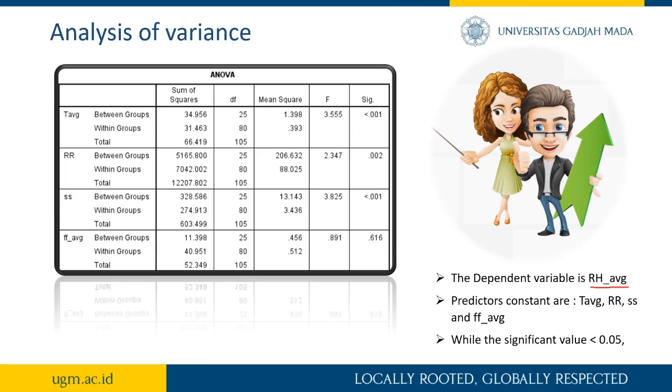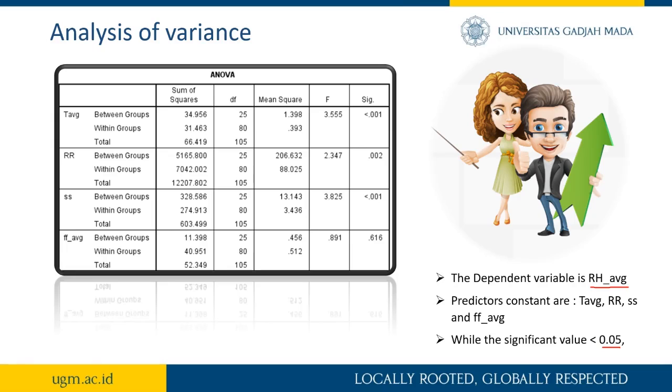So for the ANOVA system, we use a significance value of 0.05, that is 5%, related to the values that we have.